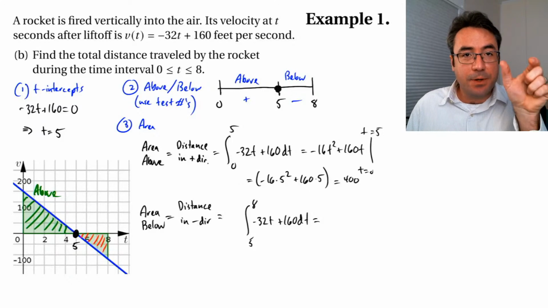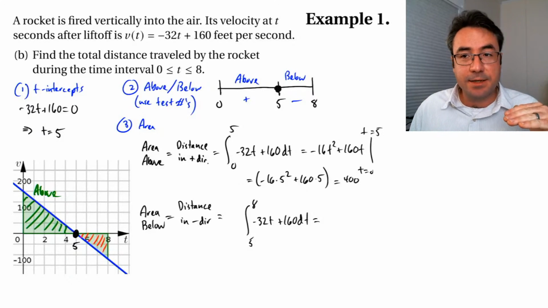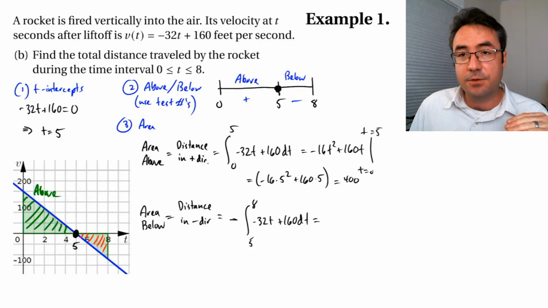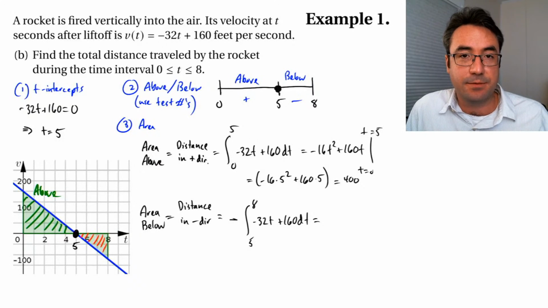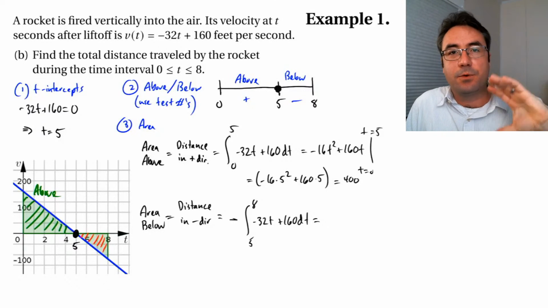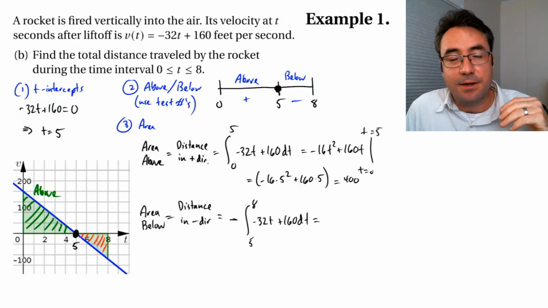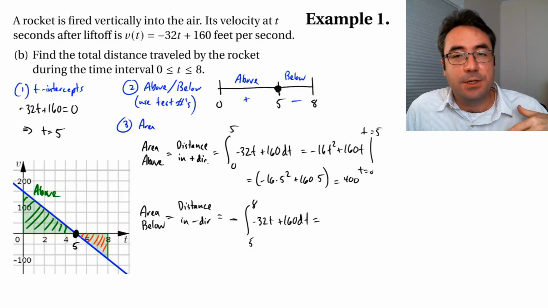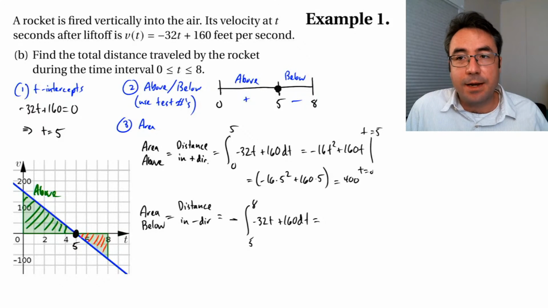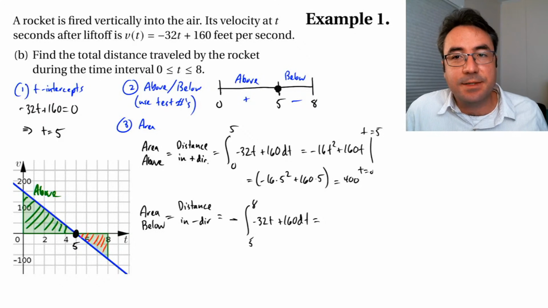But now because that region is below the horizontal axis, in order to get the correct area calculation, we just have to make this integral negative. So the integral tells you which side of the horizontal axis you're on. If you do an integral and it's a negative value, it means more of your region is below. So just doing the integral from 5 to 8 is going to give us a negative value.